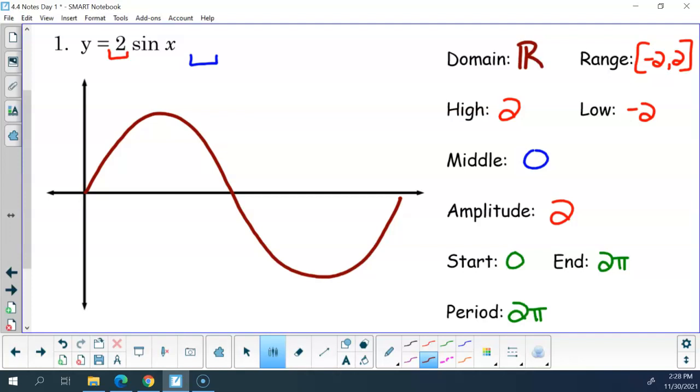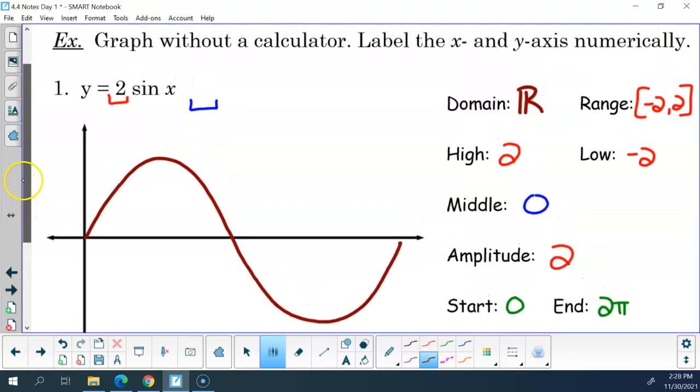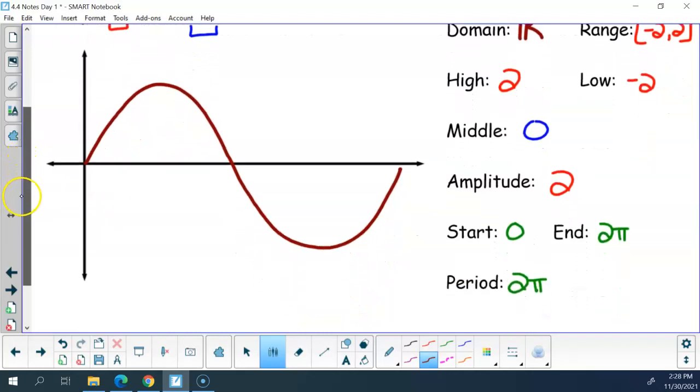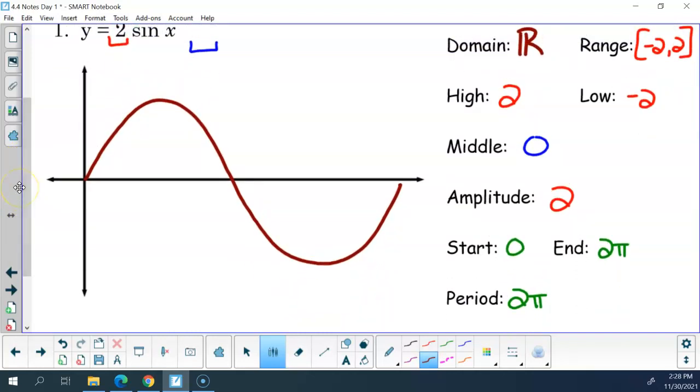The kicker here is, and I kind of glossed over it a little bit, we need to label our axes horizontally and vertically. So on all of our graphs, we're going to need to put in 8 numbers. 3 of them are going to go vertically. You're going to want to put the high, the middle, and the low.